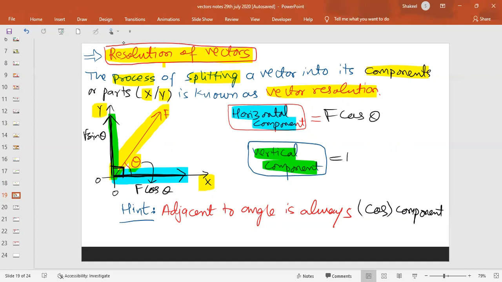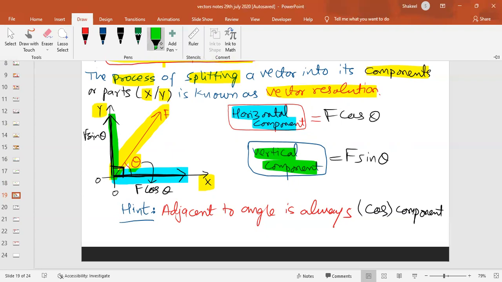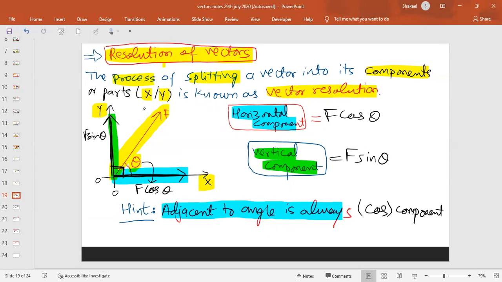So it means this is equivalent to F sine theta. So adjacent to angle, one important hint over here is that any component that is adjacent to angle is always cos component. Like adjacent to this angle is always cos component. I am talking about this one. Adjacent to angle is always cos and the other one is always sine.